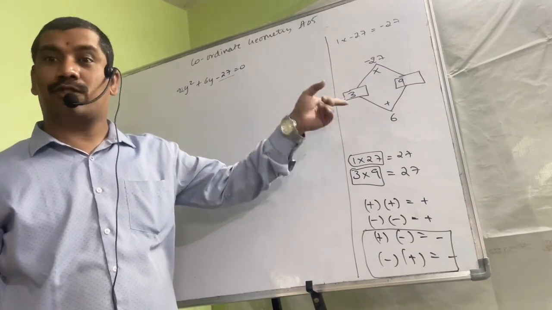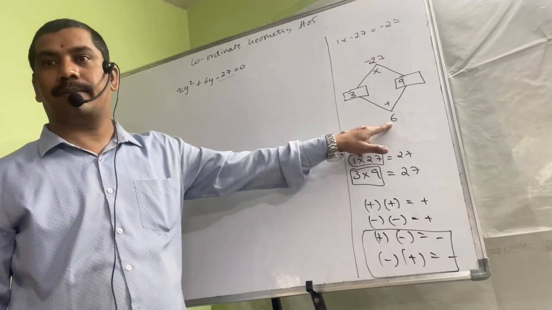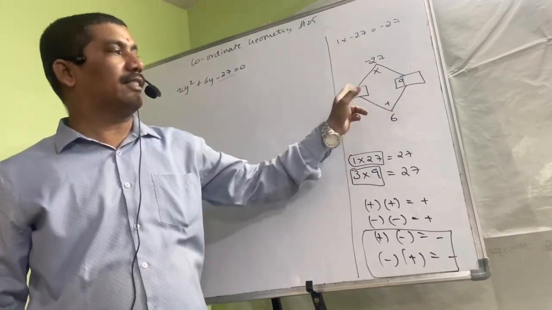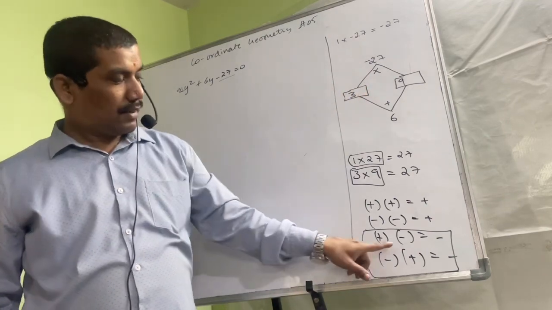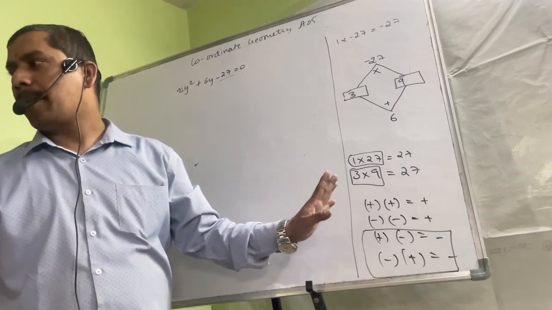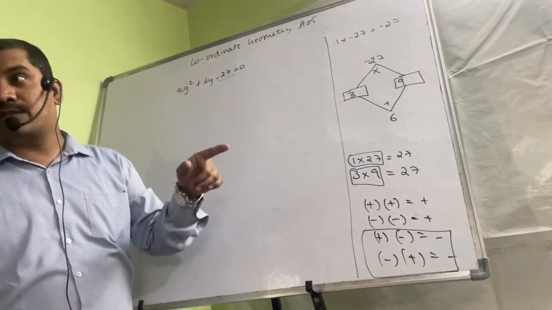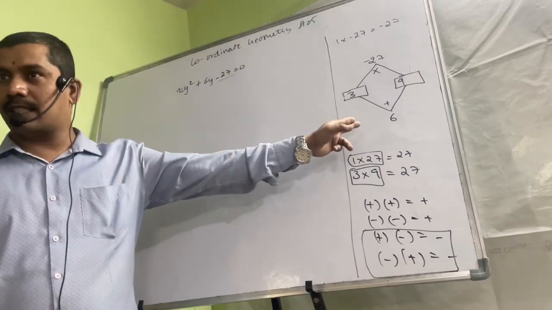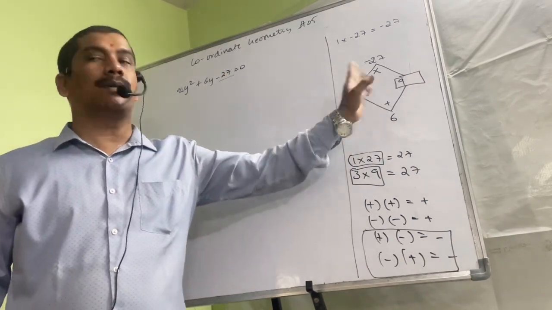Now which one is plus and which one is minus depends on this number. Now we understood that one should be minus, one should be plus, or one should be plus, one should be minus. Which one is plus and which is minus depends on this number. Now this is plus, so the bigger number should be plus.